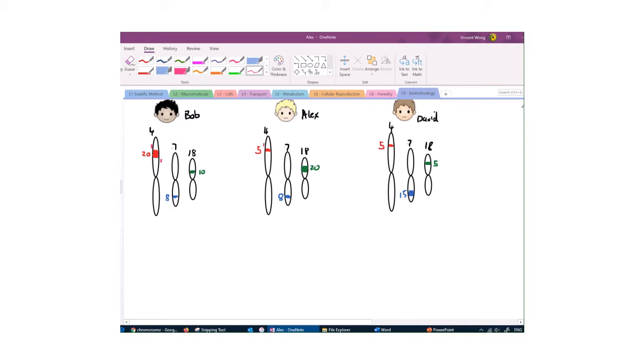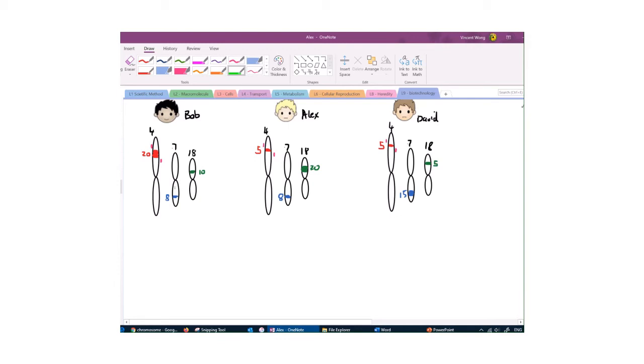Okay, and you would apply the same primer here for this person, for Alex, and you would be amplifying this section, and then you would do the same thing here. So you end up having a DNA clone of all the tandems. Okay, and you're going to do the same thing for chromosome 7 and chromosome 18. Of course, you're going to have different primers.